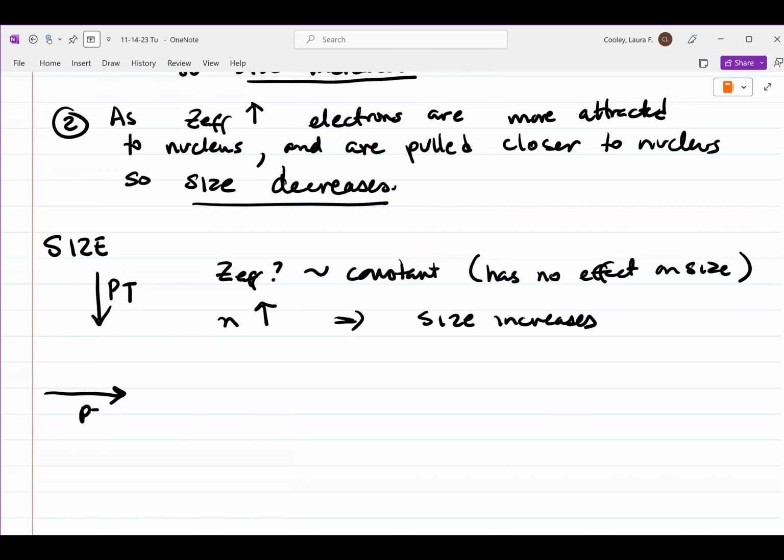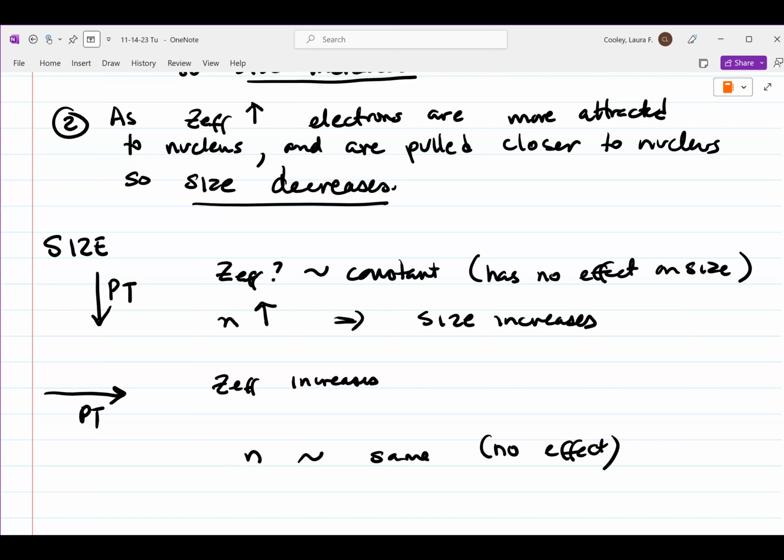What happens as you go across the periodic table? That's right. And the size stays about the same. So no effect of, sorry, I mean, N stays about the same.